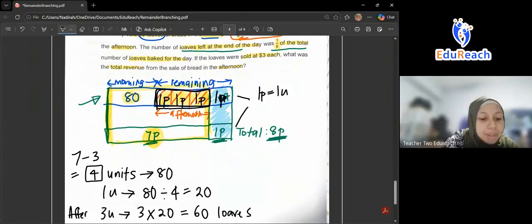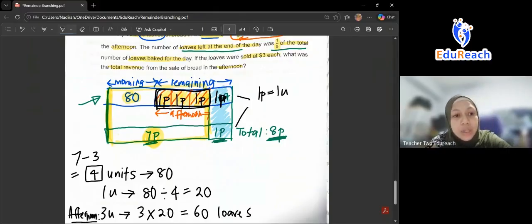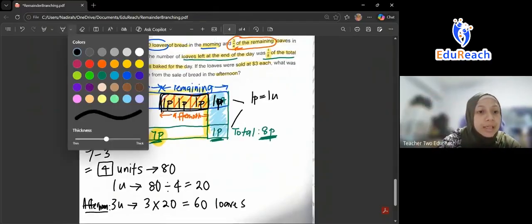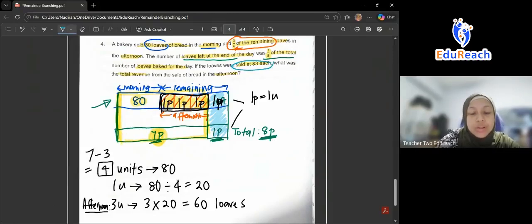But are they asking you for the number of loaves, or are they asking you for how much revenue? Remember, revenue means money. They tell you that each loaf is $3. So you have the number of loaves and you have each.